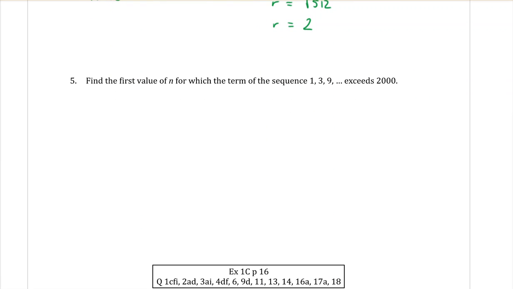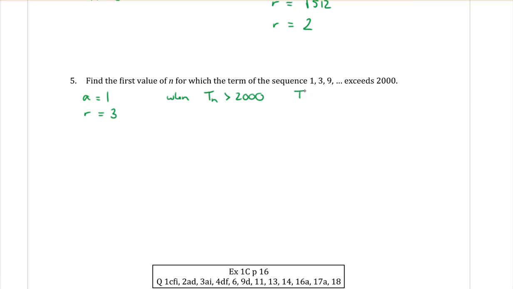Part 5, find the first value of n for which the term of the sequence 1, 3, 9, etc. exceeds 2,000. So what do we know? First term is 1. It's geometric, so R is equal to 3, good. And I know that I want the term, so I want to know when the term is greater than 2,000. That's what exceeds means, greater than 2,000.